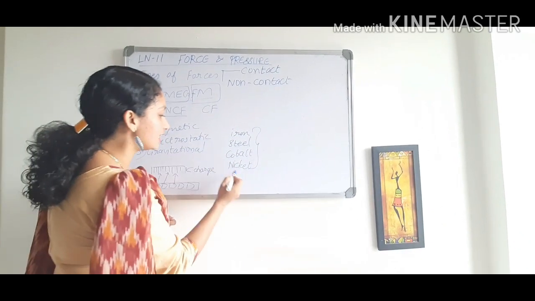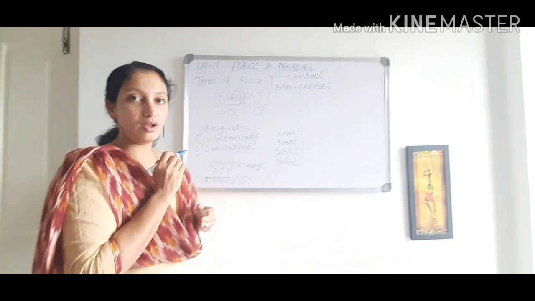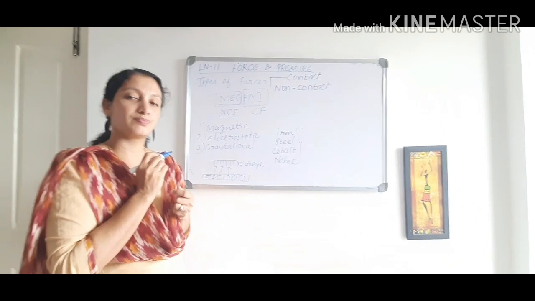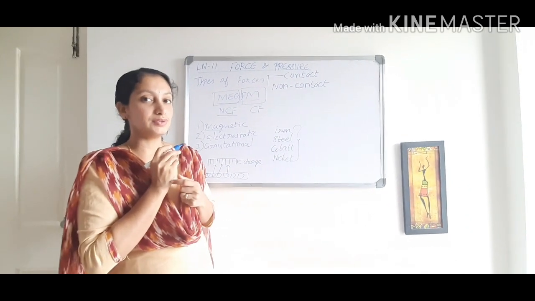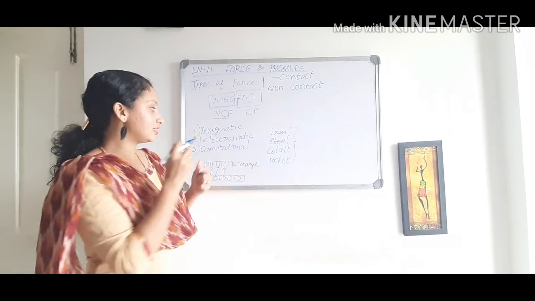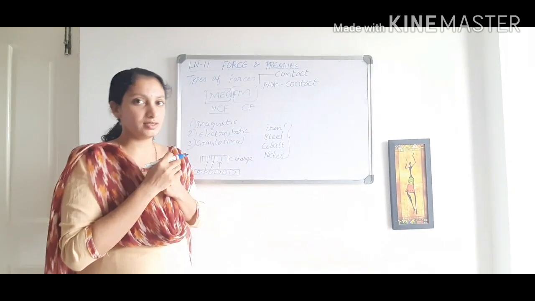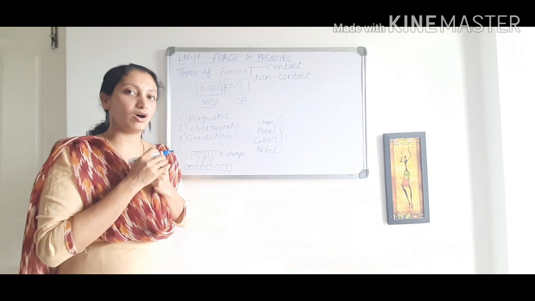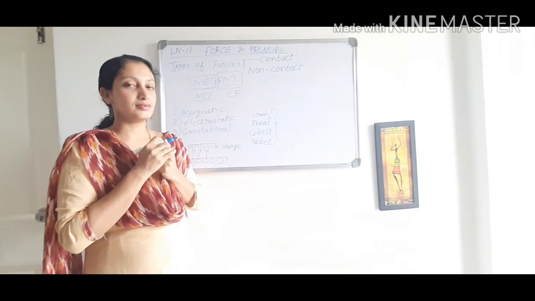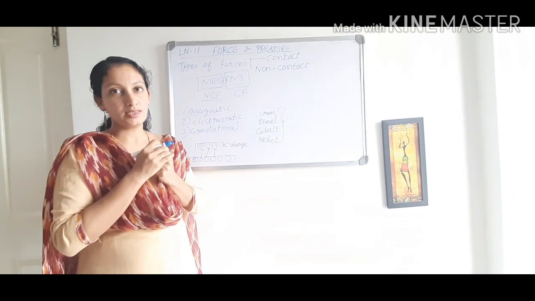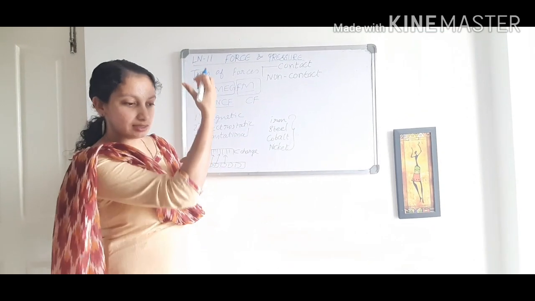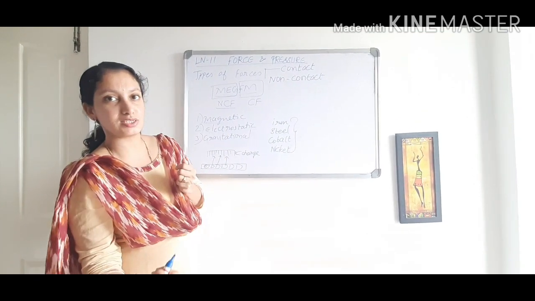Next is gravitational force. You all know the experiment which demonstrates gravity, right? Isaac Newton's story, you are all very familiar with. What was the story? The apple is attracted towards the gravity.